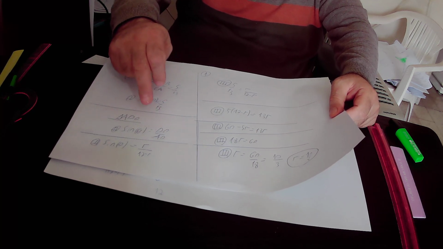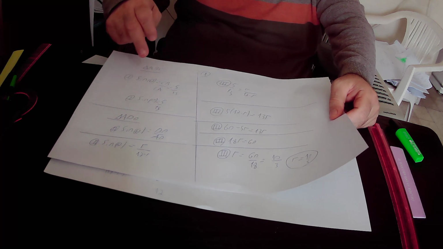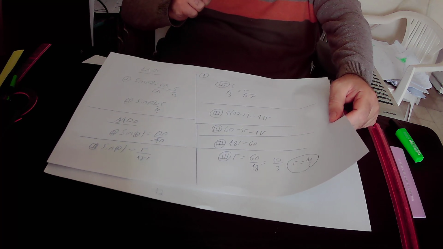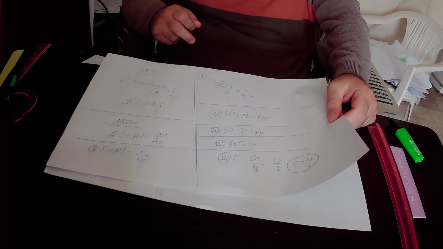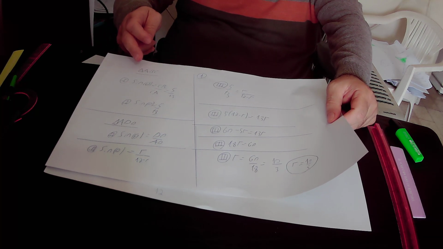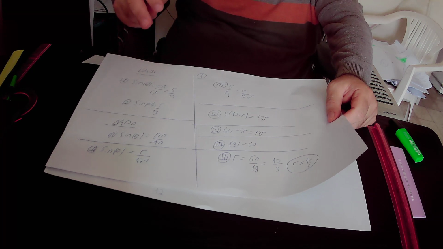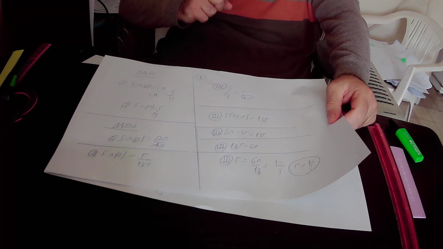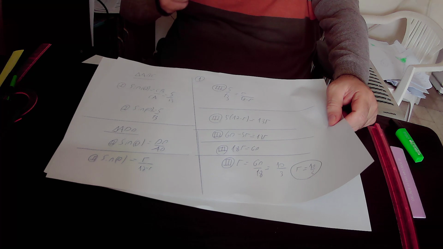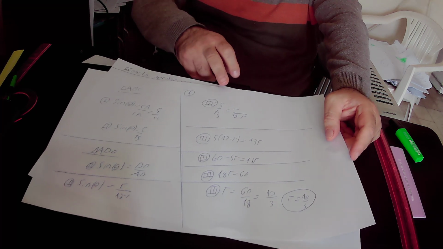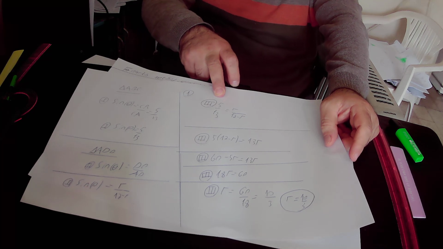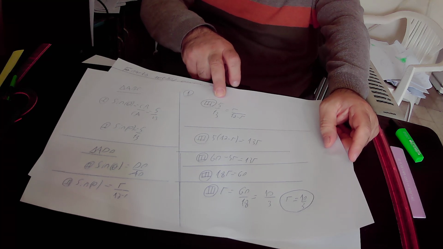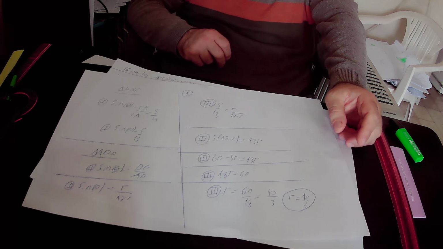DO equals R, AO equals 12 minus R. So in conclusion, we found out that according to equation number 2, sine theta equals R over 12 minus R. But we know that sine theta according to equation number 1 equals sine theta according to equation number 2. So we created equation number 3 that states that sine theta according to equation number 1, that is 5 over 13, equals sine theta according to equation number 2, that is R over 12 minus R.